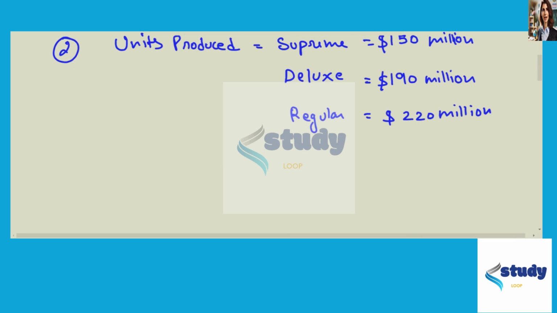So, firstly, we'll calculate manufacturing cost with the new given produced units. So, for that, new manufacturing costs.